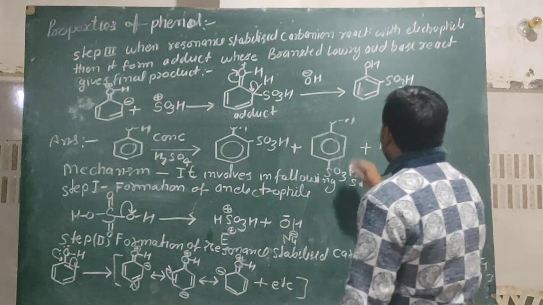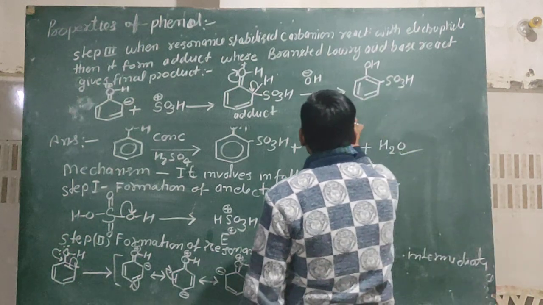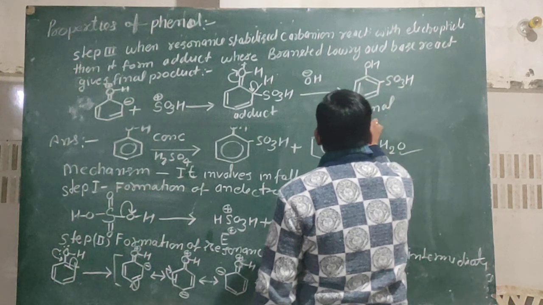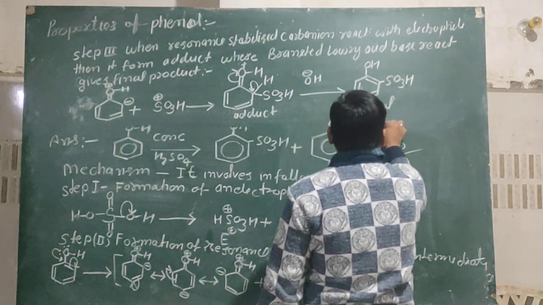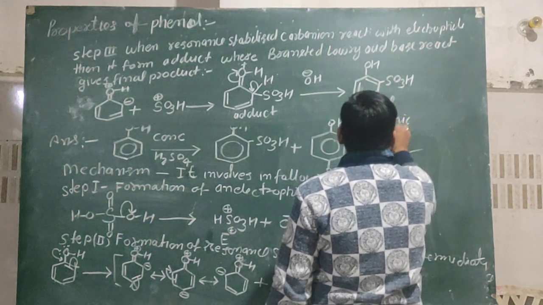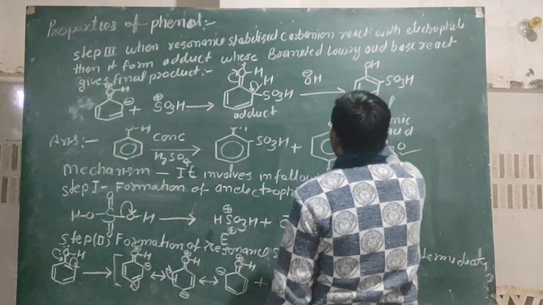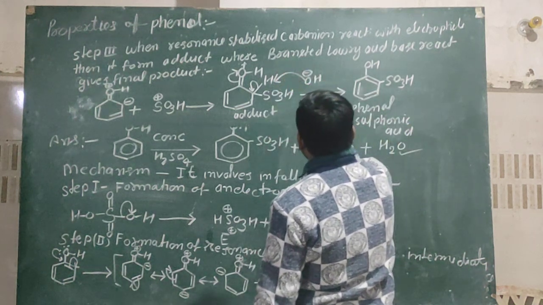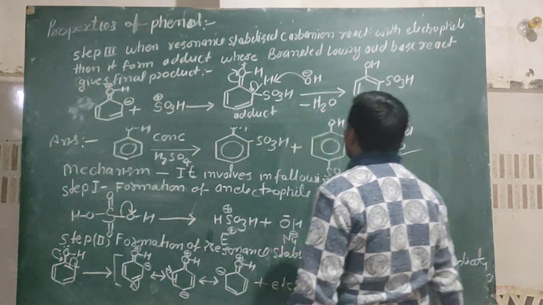Okay, then its name is phenol sulfonic acid. Okay, and this H plus is attracted by OH to form H2O.